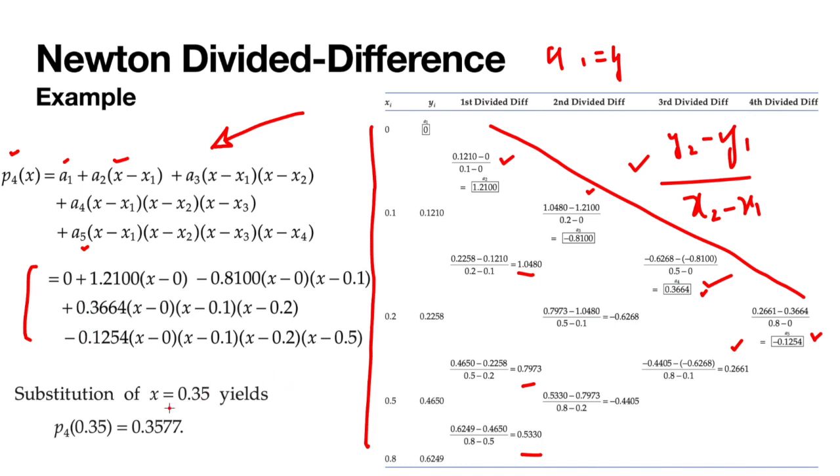So when we put the value of our required interpolation, x is equal to 0.35, because we want to find the value at 0.35, we get our answer to be 0.3577. So this is how we use the Newton divided difference table and Newton divided difference formulas to formulate the interpolation of the data.